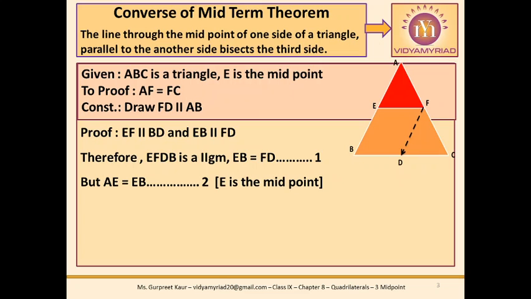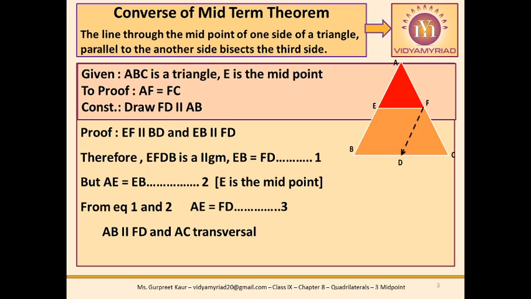But we already know that AE is equal to EB because E is the midpoint, and we have to prove F as a midpoint. So from equations 1 and 2, EB is common in both, so we can say that AE is equal to FD in equation number 3.